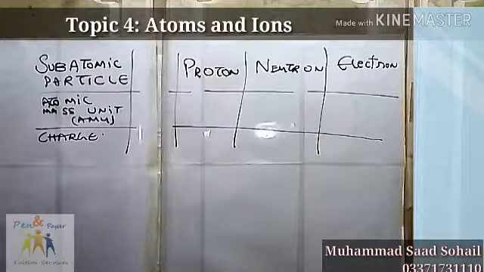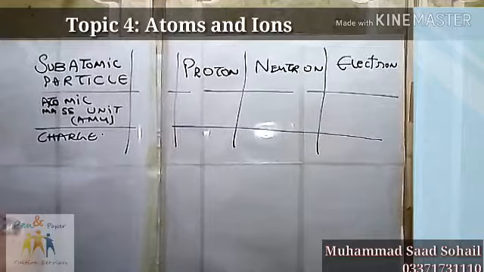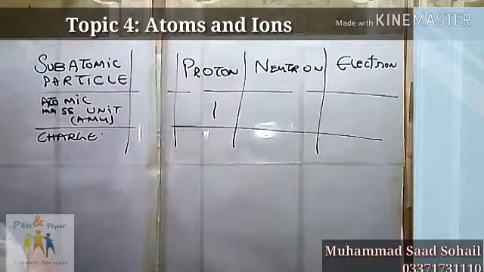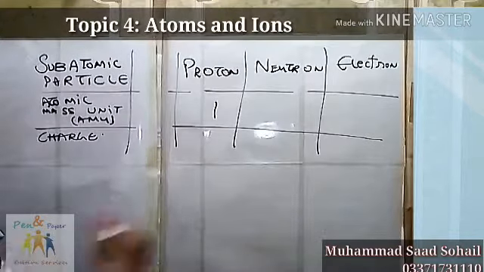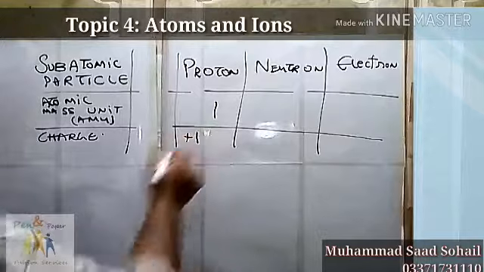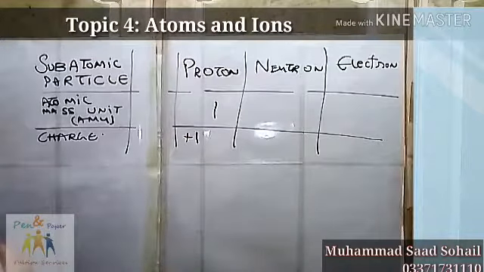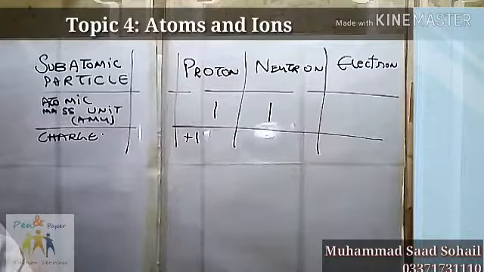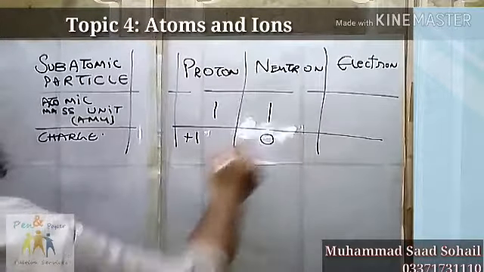Now first of all, proton has an atomic mass unit of 1. Then you can look at its charge, which is +1. Then a neutron has an AMU of 1. The charge is 0.